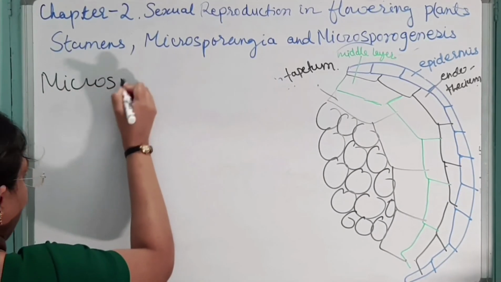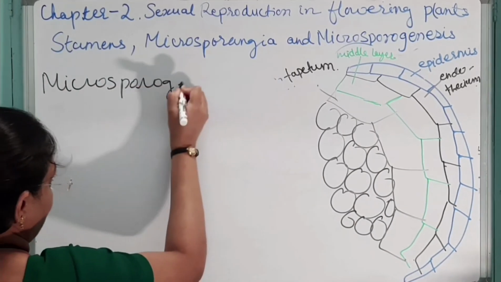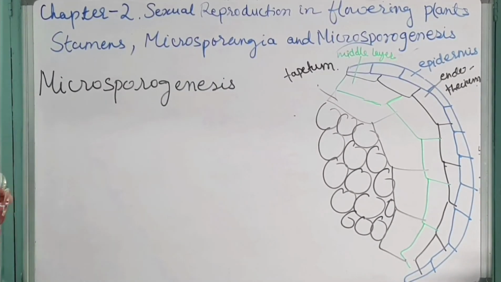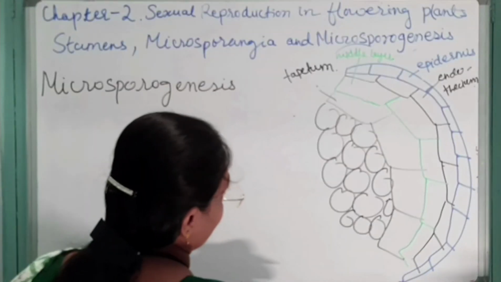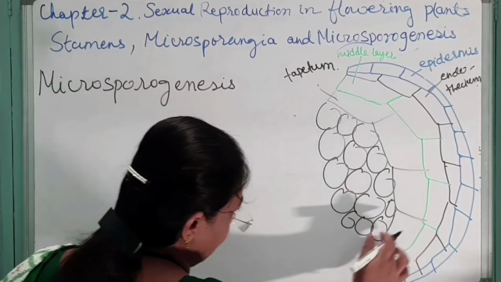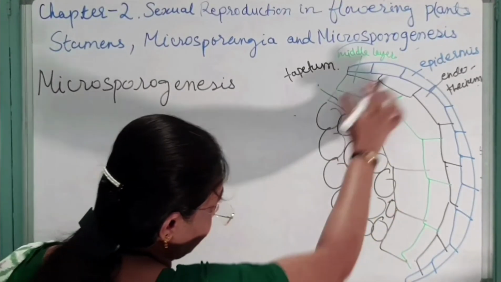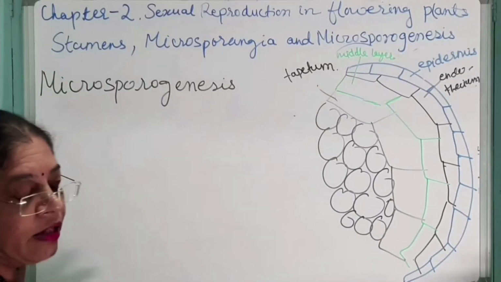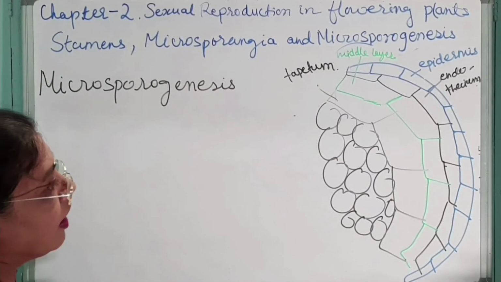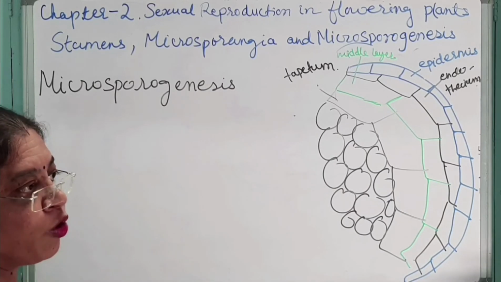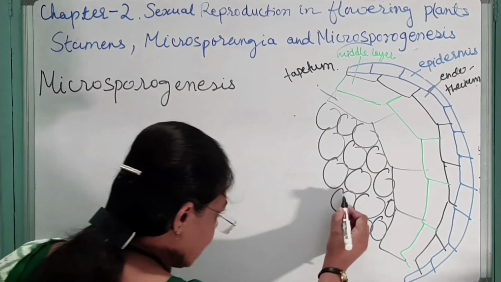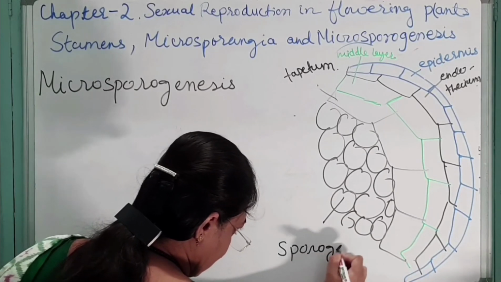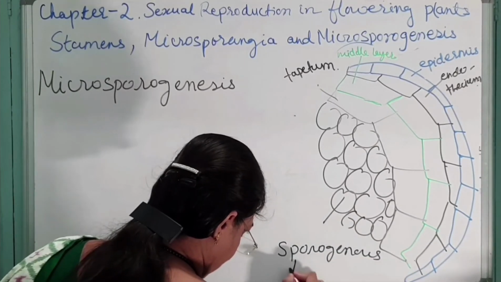Microsporogenesis. In the center of microsporangia of young anther, there are compactly arranged homogeneous cells, and these cells are called sporogenous tissue.